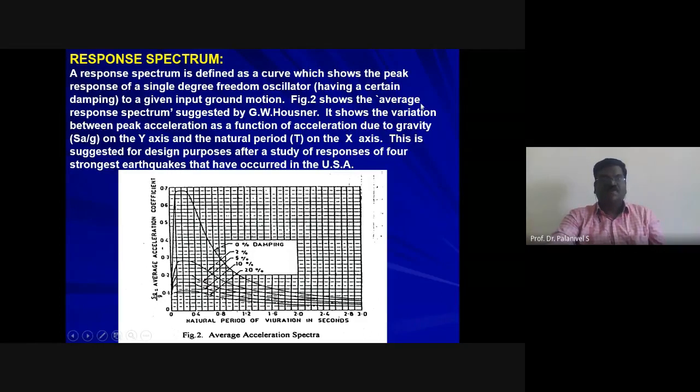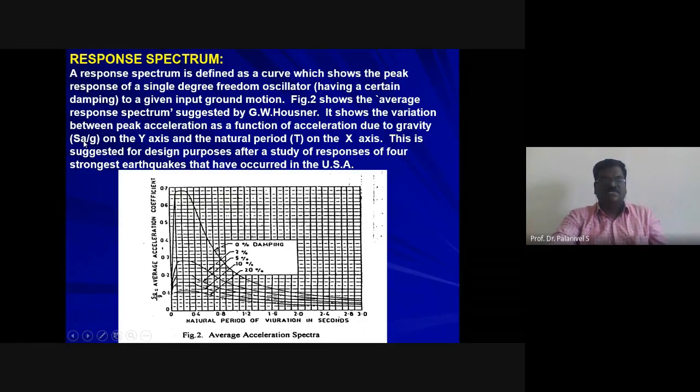The figure shows the average response spectrum suggested by G.W. Housner. It shows the variation of peak acceleration as a function of acceleration due to gravity. That's why we are taking SA by G, instead of putting only the peak ground acceleration observed.